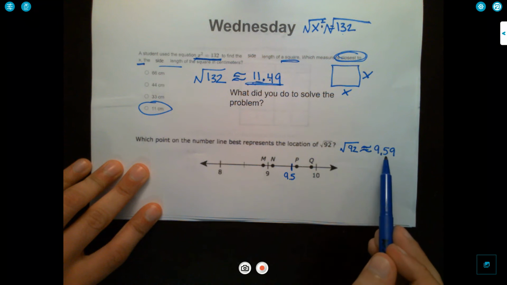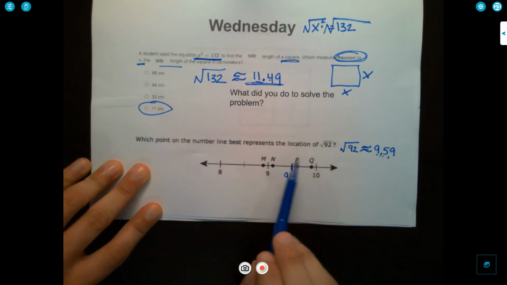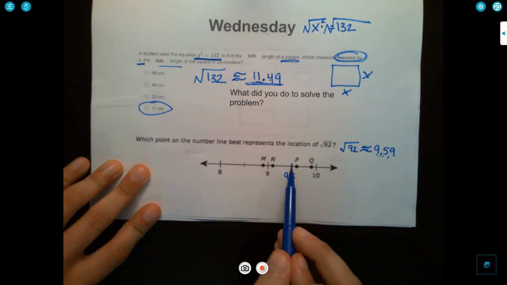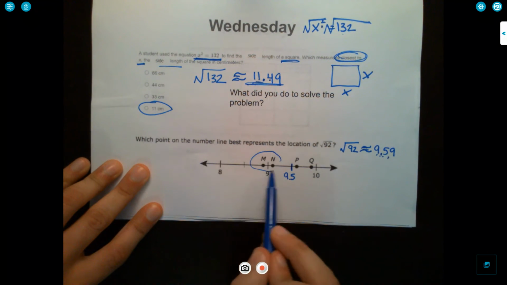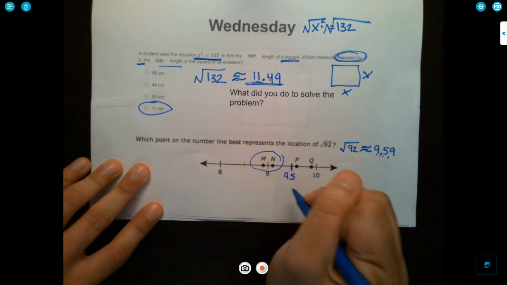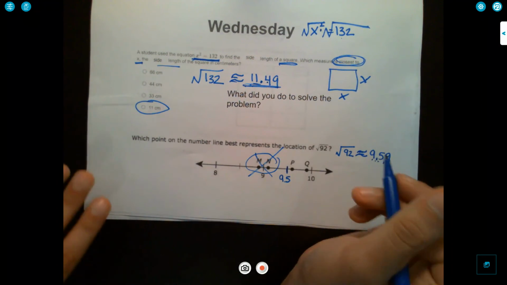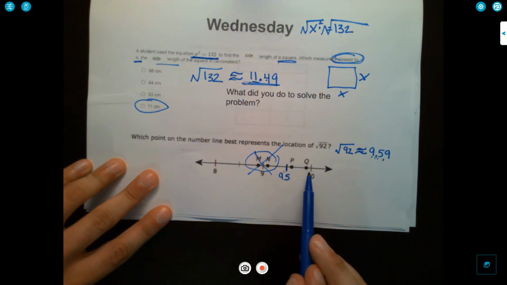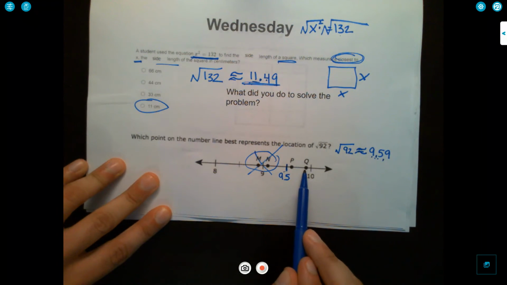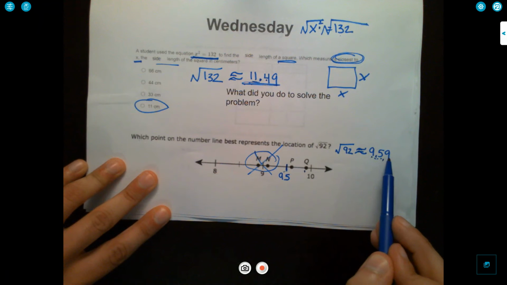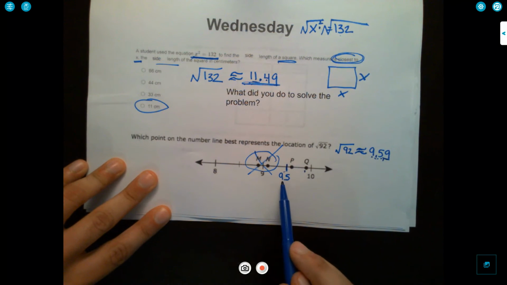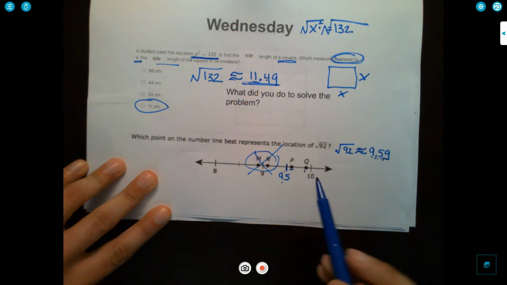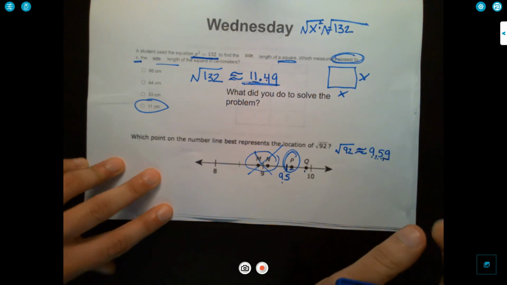Since it's 9.59, it's going to be a little bit over 9.5. So anything that's below 9.5, such as M and N, is not going to be our answer. Now, 9.59 is closer to 10. However, we have 9.5 and a little bit extra, and that is P, so P would be the best answer.